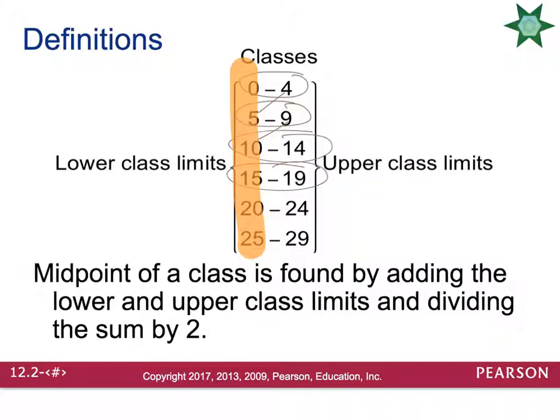The items on the right-hand side are called the upper class limits, or the upper boundary. The midpoint is found by taking the lower limit plus the upper limit and dividing by 2. For example, for the midpoint of this first class, I would take 0 plus 4 divided by 2, so the midpoint would be 2.